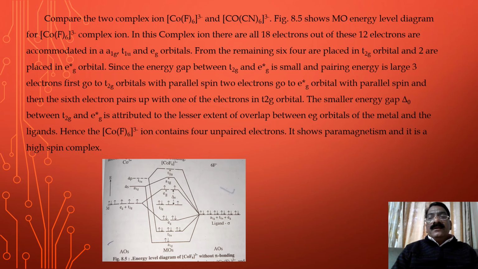The smaller energy gap delta O between t2g and eg* is attributed to the lesser extent of overlap between eg orbitals of the metal and the ligands. Hence, the [CoF6]3- ion contains 4 unpaired electrons. It shows paramagnetism and it is a high spin complex.